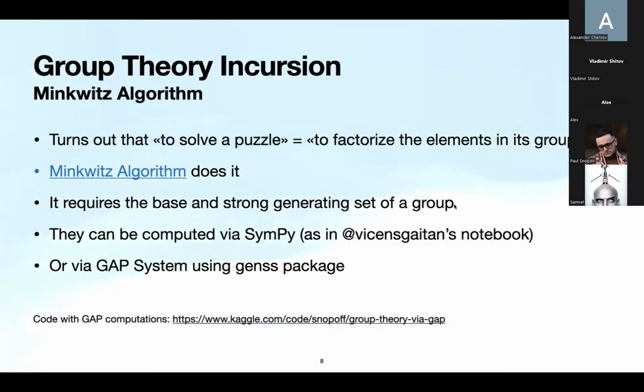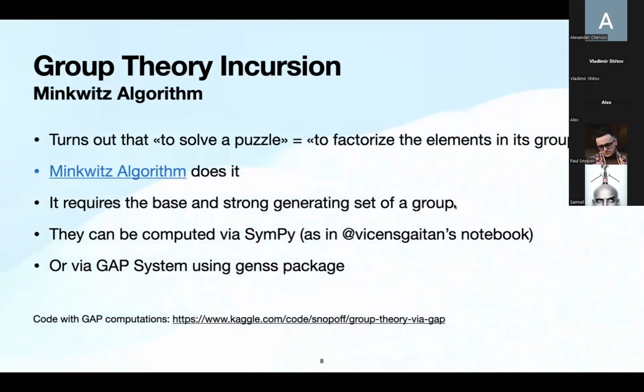And we had a notebook by Wissens-Gaetan, I suppose, that implemented this algorithm in SymPy and was able to largely optimize the solutions. I mean, he improved the public solution by quite a large value.